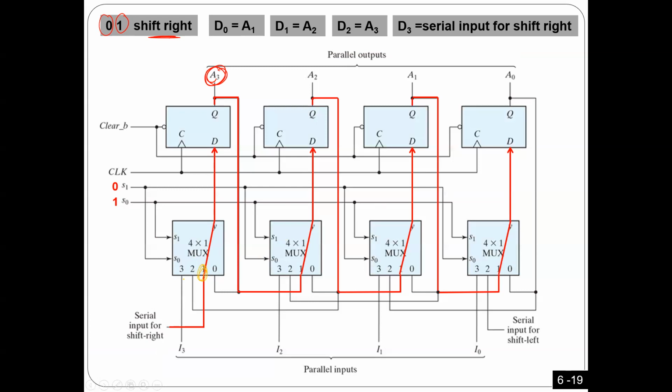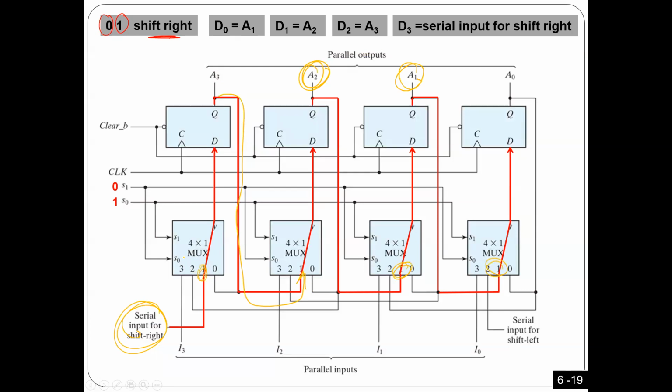So in order to make shift right, I have to take A3. This A3 has to be connected to the input of the next one, so that's going to A1. And this one here has to go to here. A1 has to go to the next one here, and the first one here has to come from the serial input. You got it?